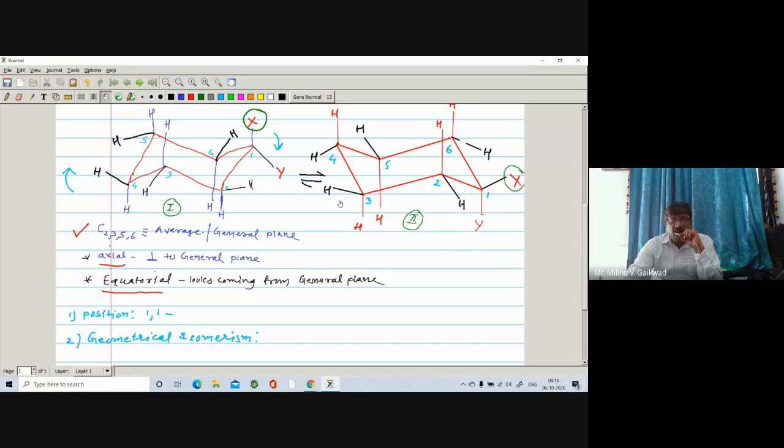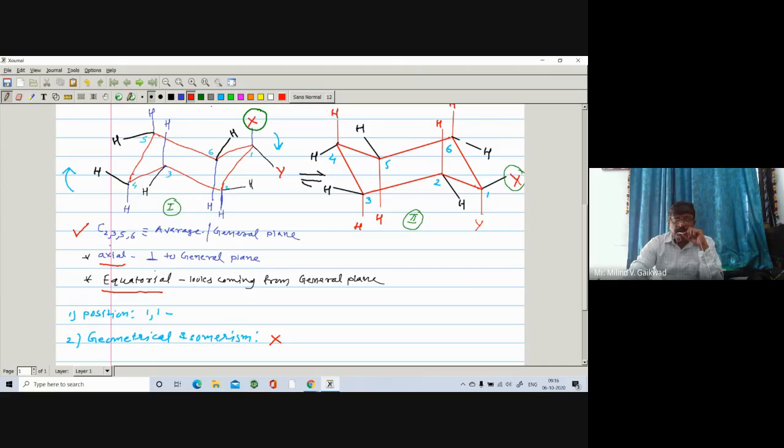So in the case of 1,1 dimethyl cyclohexane, we cannot explain geometrical isomerism, or we can say that it does not exhibit geometrical isomerism. Why? Because the substituents are on the same carbon. So such compounds do not show geometrical isomerism, right? This is about geometrical isomerism.